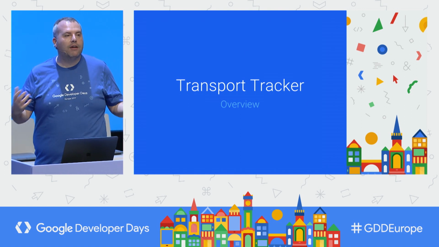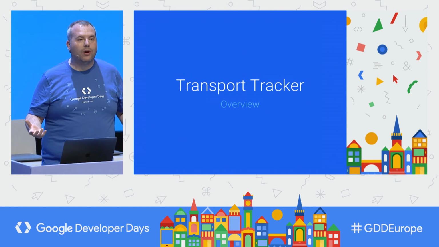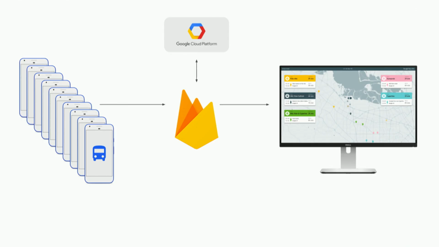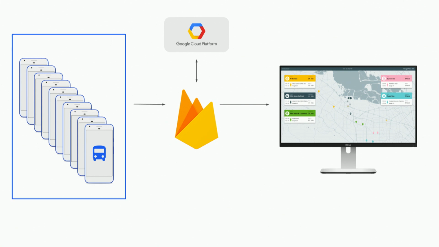Okay, let's have an overview of the transport tracker solution. So here's the architecture. For those of you who attended the Flutter and Firebase talk yesterday, this probably looks a little bit familiar. Turns out Firebase encourages you to actually build in this way, and it does a very good job. So what do we have here?